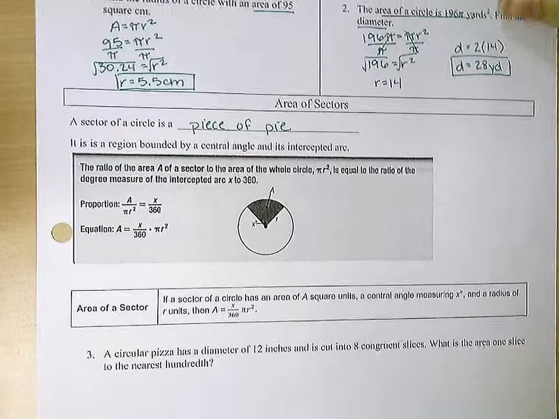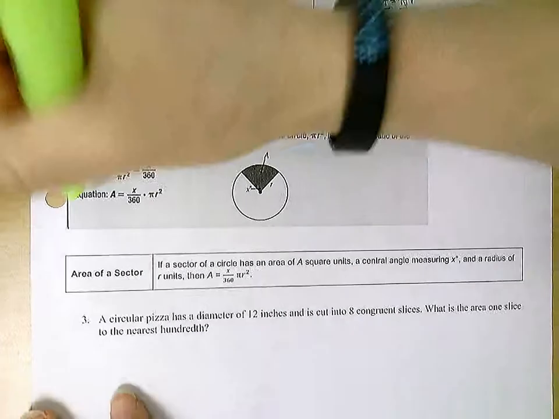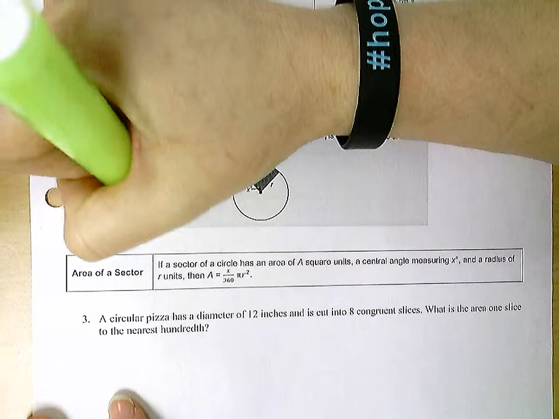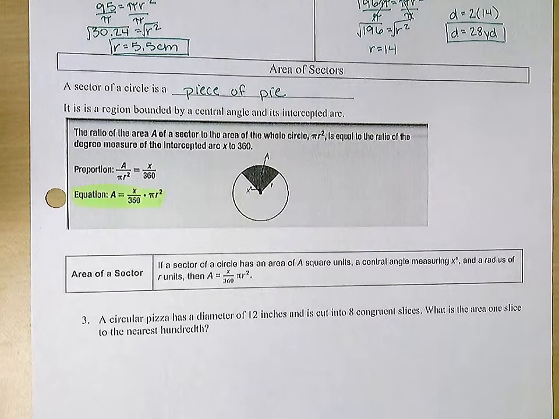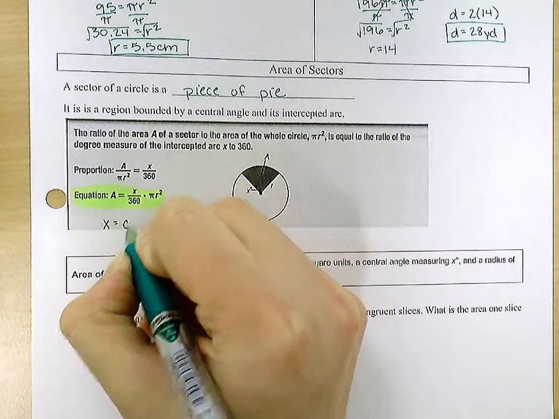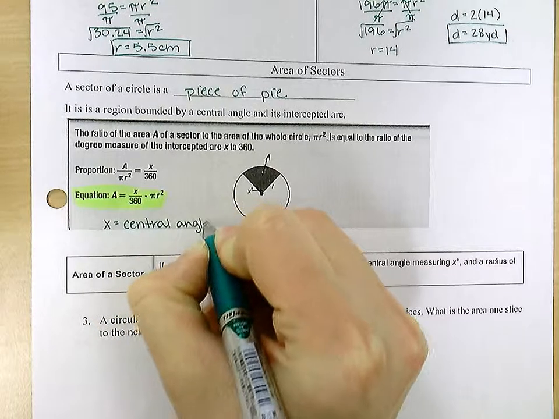The formula that we use to find sector area is this equation right here. To find area, you take x over 360 times pi r squared, where x is equal to the central angle measure.